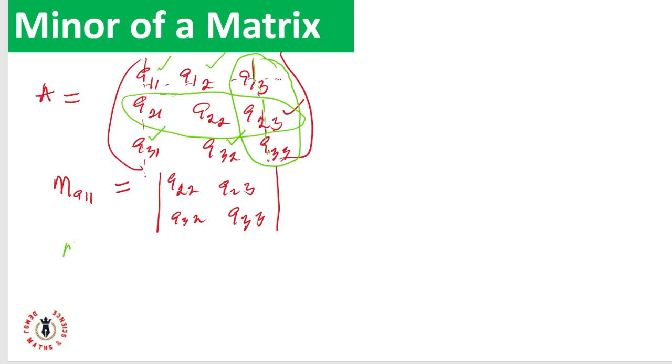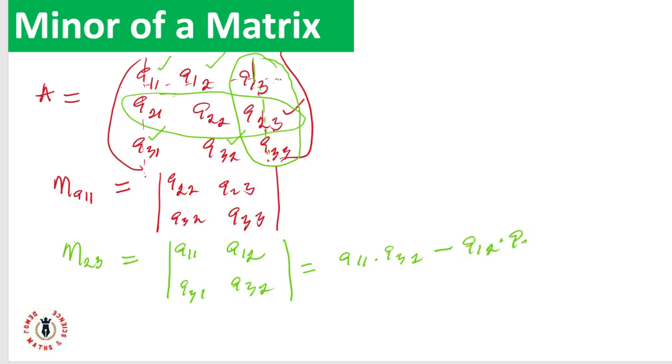So the minor of A23, which I write as M23, will be the determinant of A11, A12, A31, and A32. Now I can easily write this to be A11 times A32 minus A12 times A31.